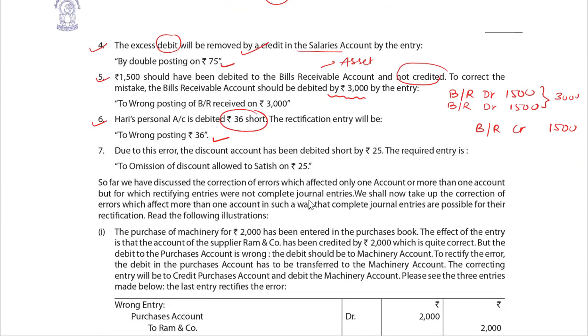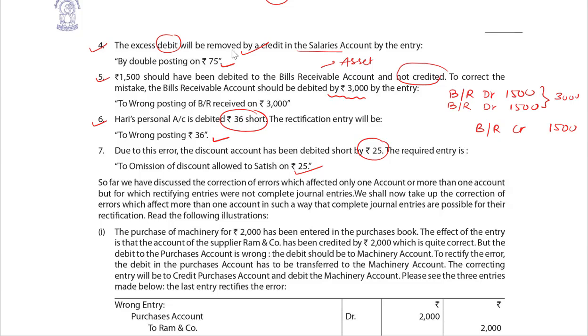Due to this error, discount account has been debited short by 25. So we need to debit it again. We will write discount account debited, and to this you can write omission of discount allowed to Satish 25. Accordingly, it would be dealt with. Fine?